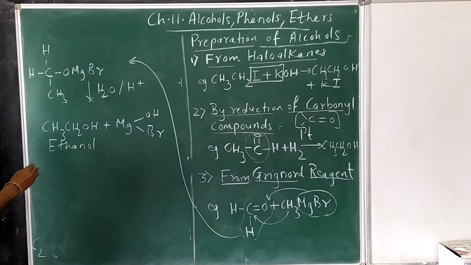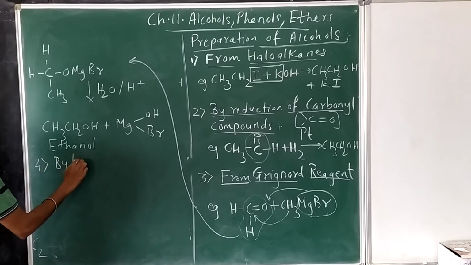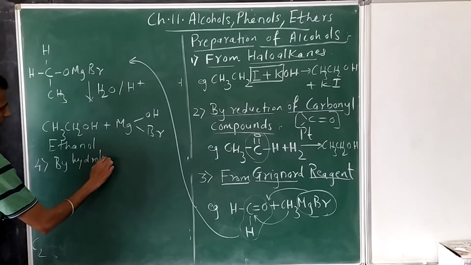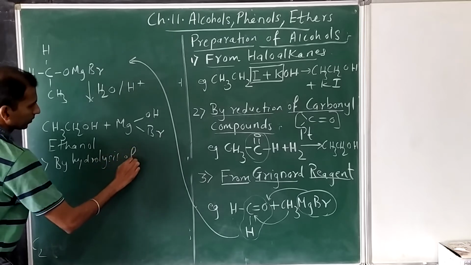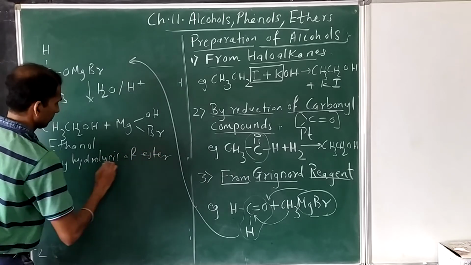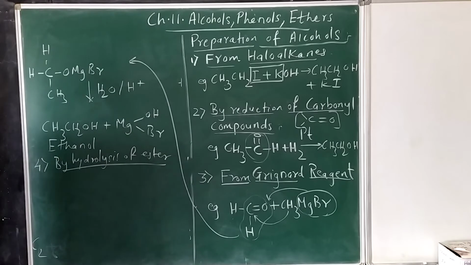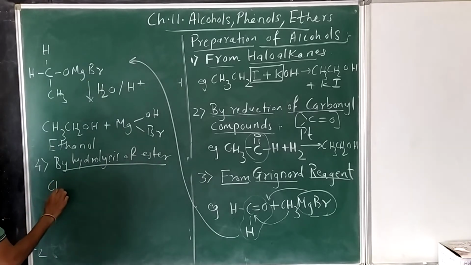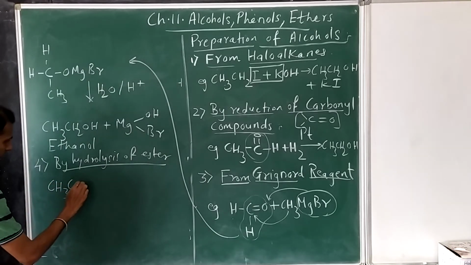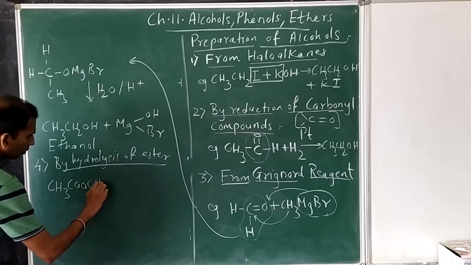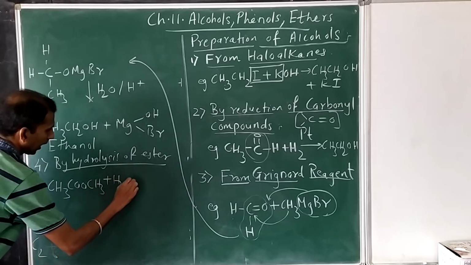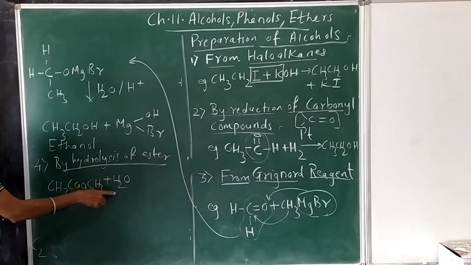Understood? Now we continue with the fourth method, by hydrolysis of ester. We take an ester here, CH3COOCH3, plus hydrolysis means addition of water.